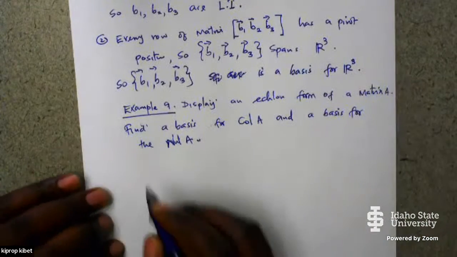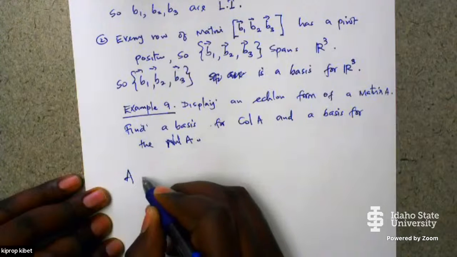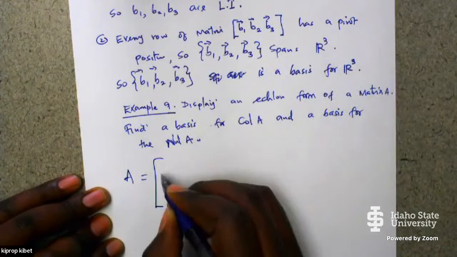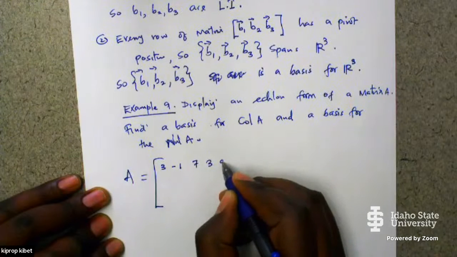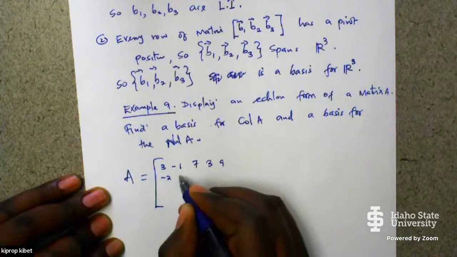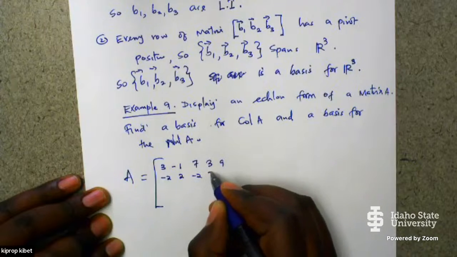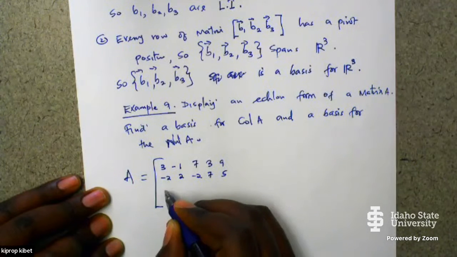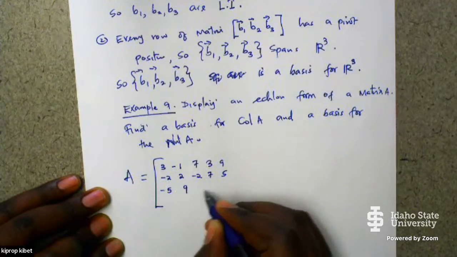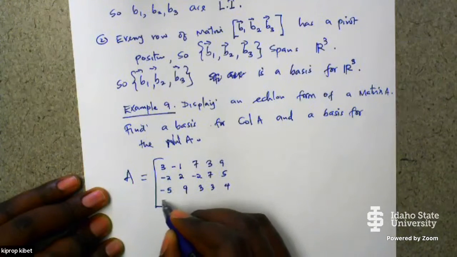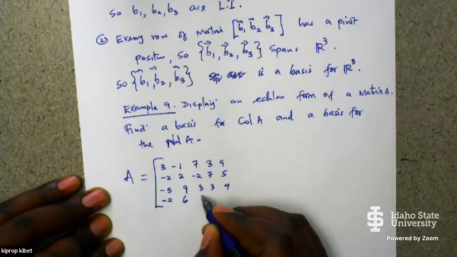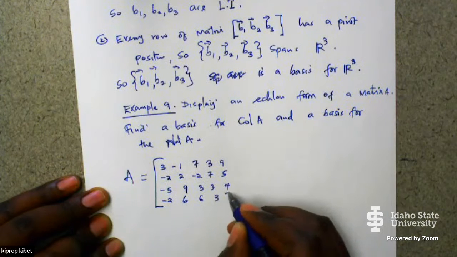If we are given A, which equals 3, -1, 7, 3, 9, then -2, 2, -2, 7, 5, then -5, 9, 3, 3, 4, and -2, 6, 6, 3, 7.